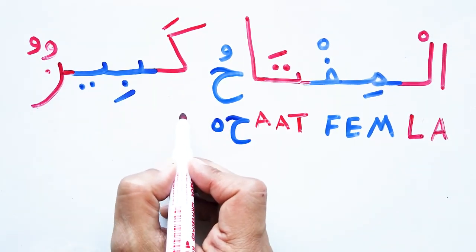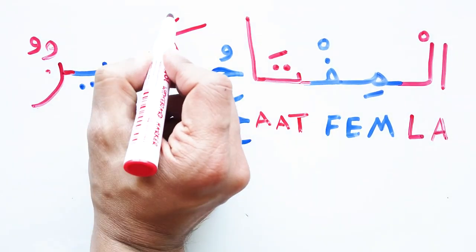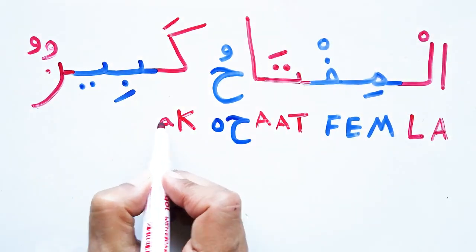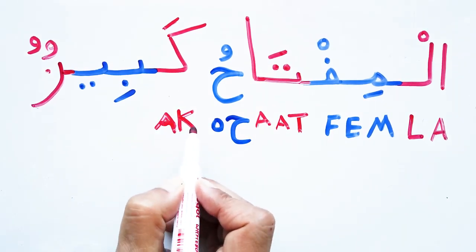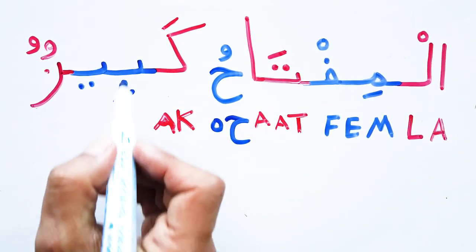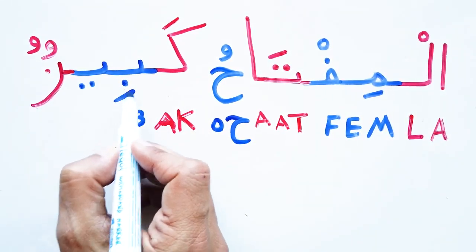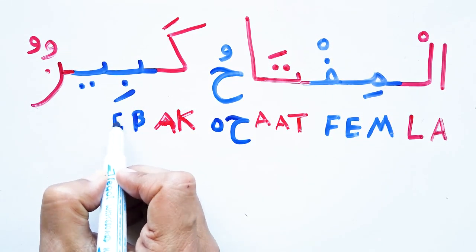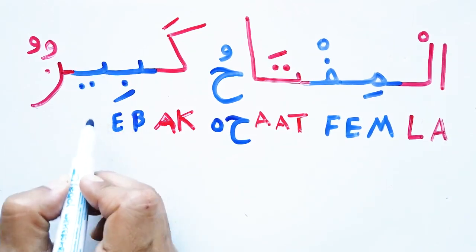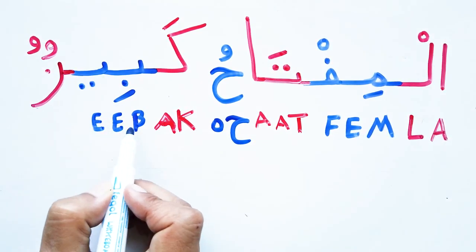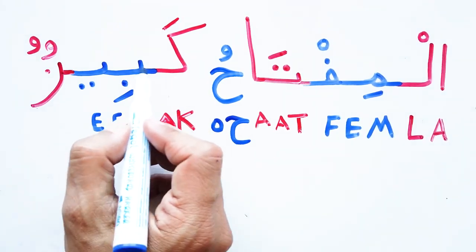Kabir. Let's add that one sounds like K. This mark on the top sounds like A. Let's add it all capital letter. Ka. And then that one sounds like B. This one sounds like B. And then this mark sounds like E. And this one long vowel, so I have to add another E. B. Kabi.